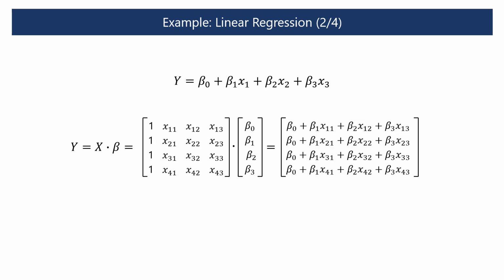Each element of the resulting matrix represents each sample's predicted value. We can see that each element represents the linear regression equation. So, matrix multiplication using the feature matrix and weight matrix enables us to efficiently compute the predicted values for a linear regression model.